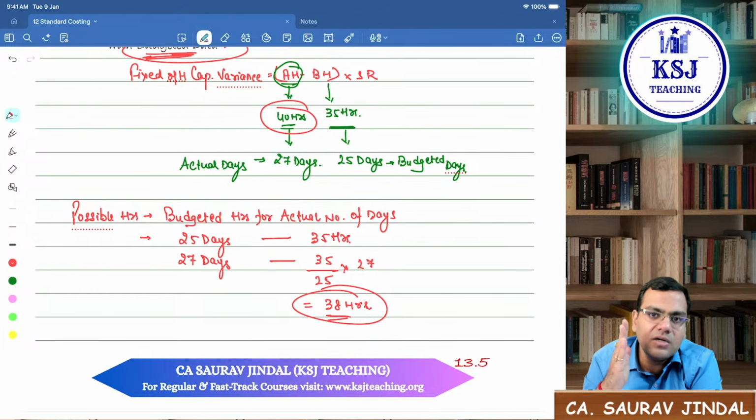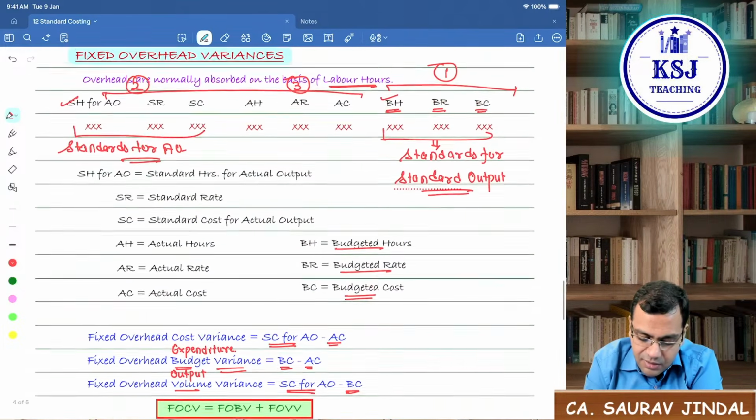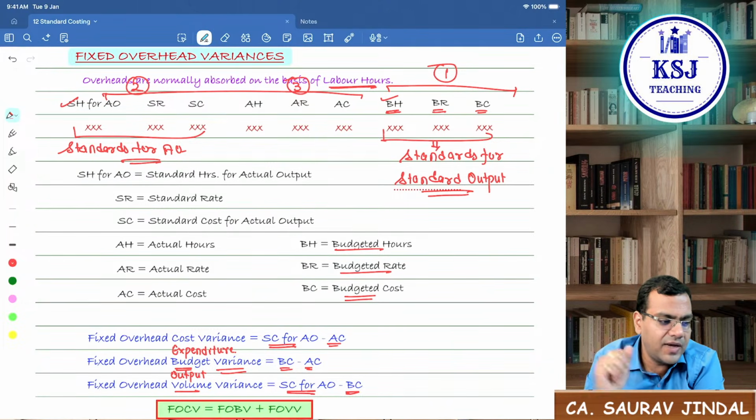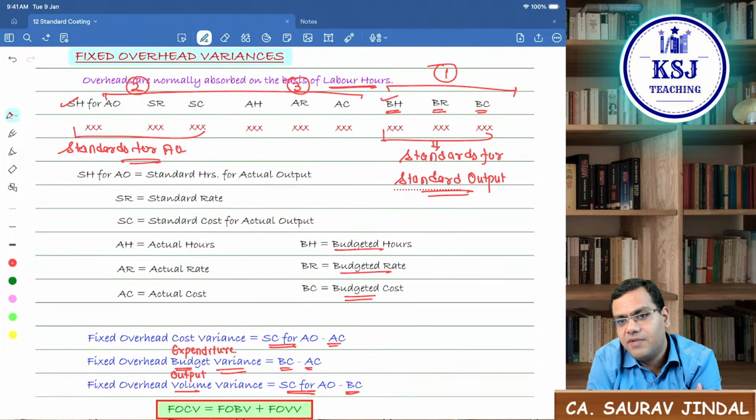So in standard costing, one of the most important things will be if you are able to frame the table, right? The table that we have been making, if you are able to complete the values in the table, then nothing will be difficult. The only tricky part is that you are able to find out the correct values for the table, right? If you are able to do that, everything is sorted. If you have studied from somewhere else, everyone might not be using the table, I don't know.